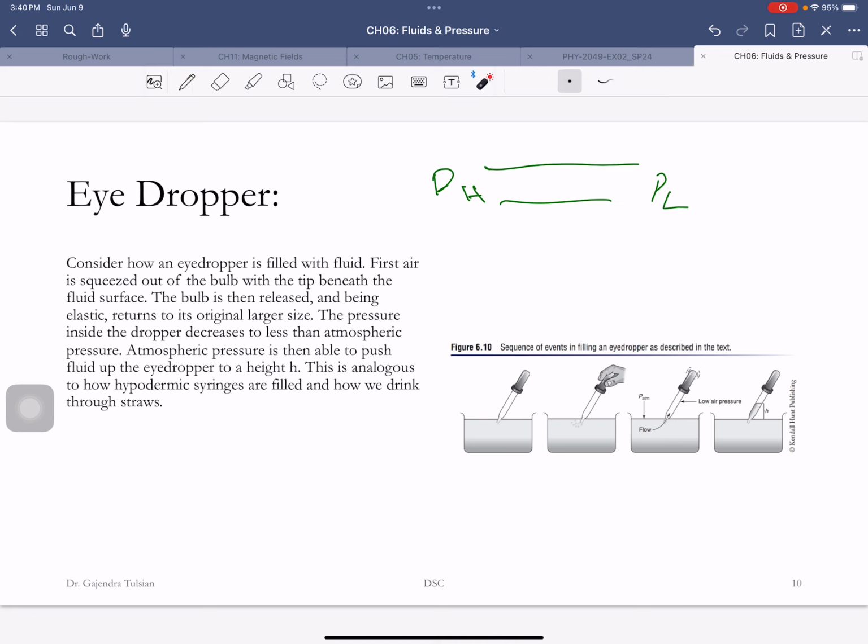So there's low pressure in there and there's higher atmospheric pressure, which will force the liquid in. Once the liquid rises to the point such that this pressure plus this pressure is equal to 1 atmospheric pressure, it rises to that point.